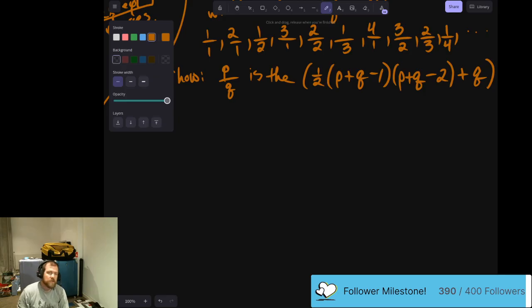Okay, so show that P over Q is this numbered term in the sequence. So potentially we could do some sort of induction.